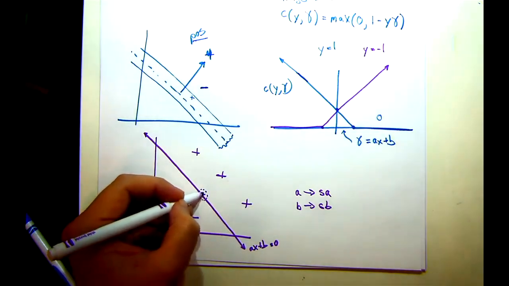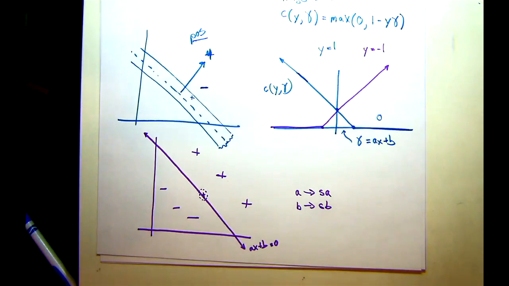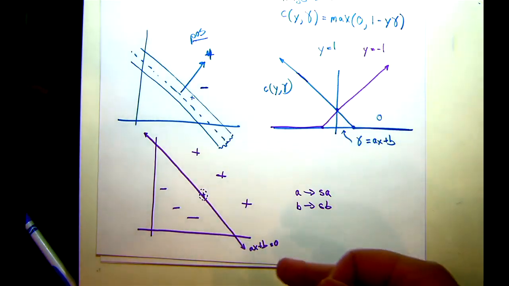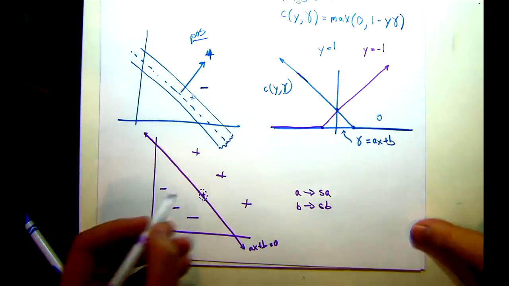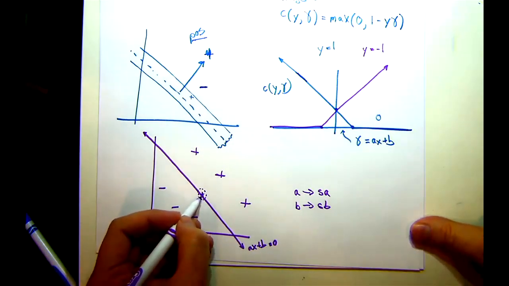Let's say it's right here. Now, we normally have a cost of 0 if it's correct. But let's say this is a future one, and we get it wrong. We haven't seen it yet, but we have a good classifier. We haven't seen this example yet because it's a future example. And this one we happen to get wrong.